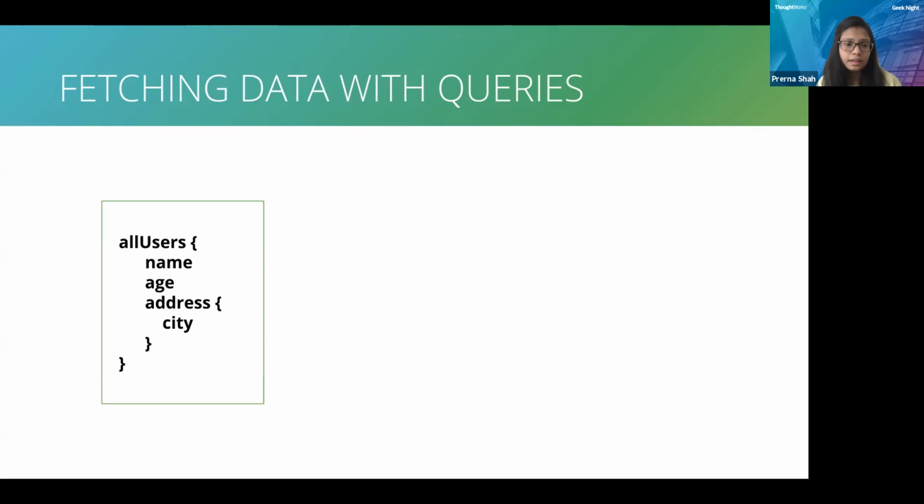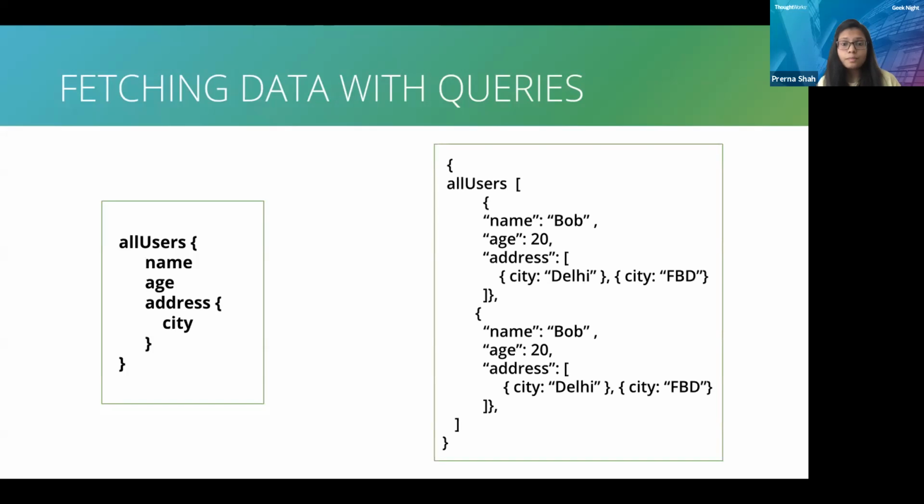Here in my query, I've also mentioned address, which contains just a single field called city. So my response to this query would be all the users with name, age, and as we can see here, I just got the address detail, which has city in it.